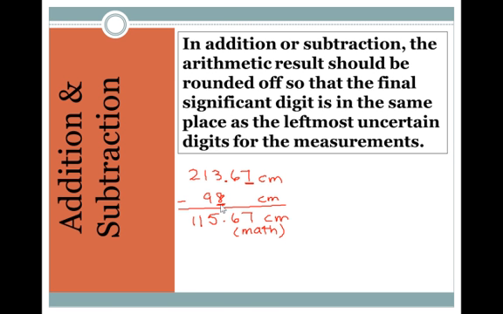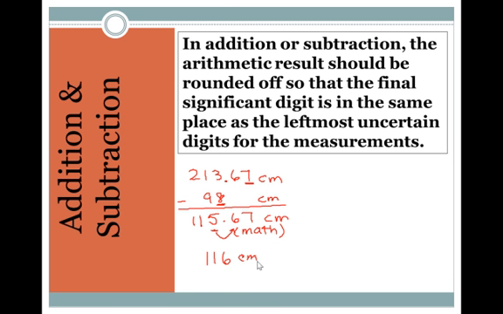So my answer must reflect the uncertainty of the place value closest to the left, which would be the 8. So I have to round my answer off to the ones place. It's a 5 in the ones place. Look behind, it's a 6. That's greater than 5. So I'm going to round off my answer to 116 centimeters.